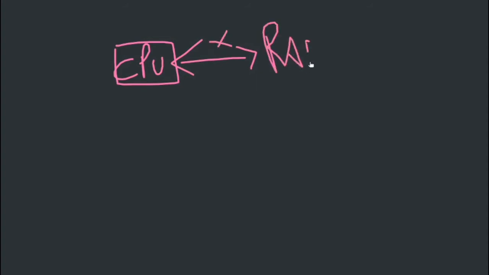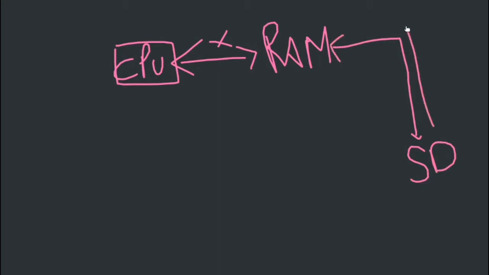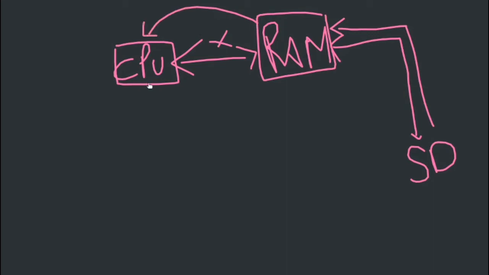So there is a delay, and the delay is because the data needs to be brought right from the storage device. From the storage device, the data gets transferred to the RAM, and once the RAM has the data, it says to the CPU that the data which you are looking for is with me, so now you can have the data.